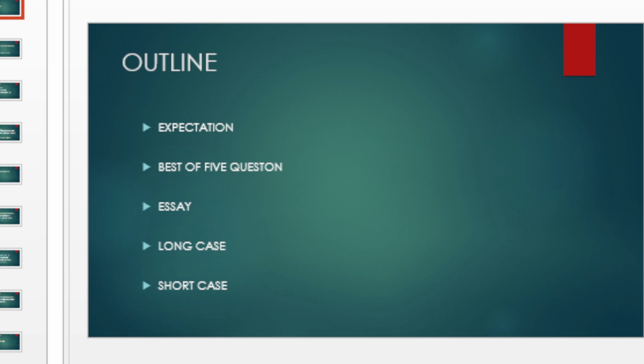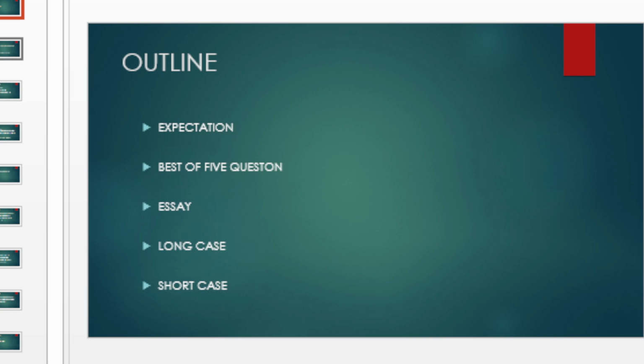Most international standard of asking questions in medical studies is best of 5. Then we'll talk about the essay, which is the pen and paper aspect of the theory, where you have to write and answer certain questions. Then we'll talk about the clinical aspect, which involves the long case and short case.